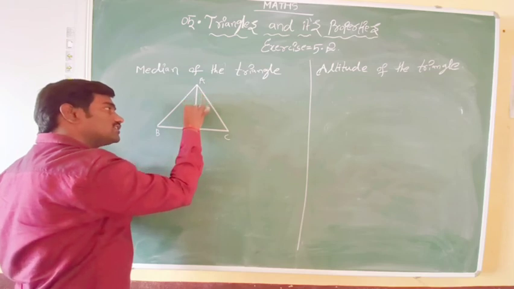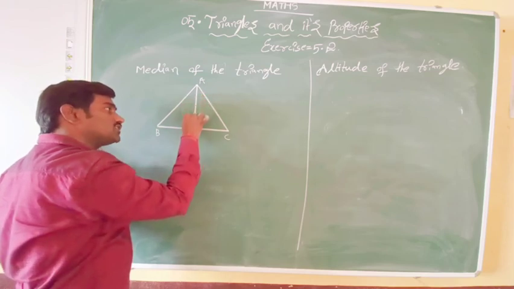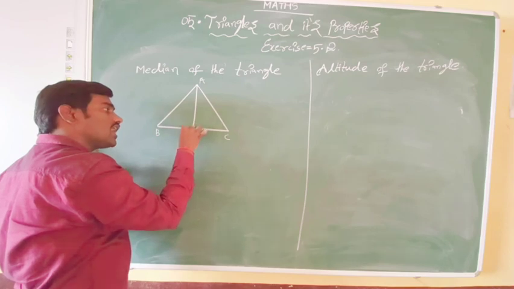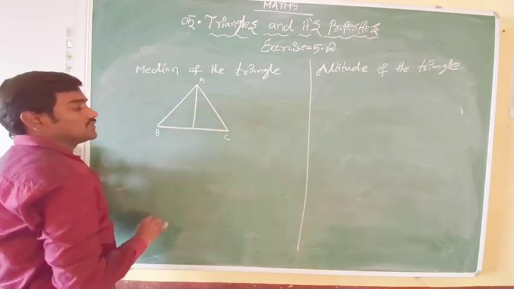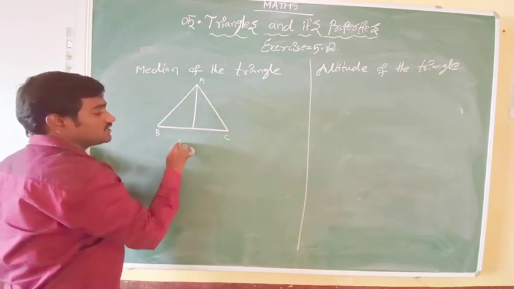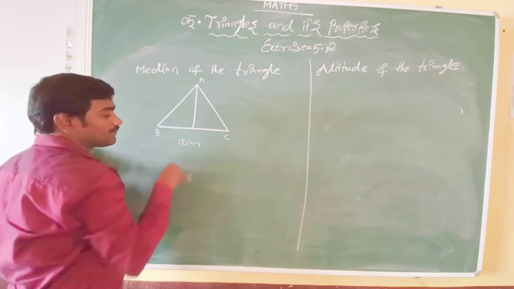A line segment from the vertex to the opposite side, at exactly half of the total length. Suppose this BC is 12 centimeter.